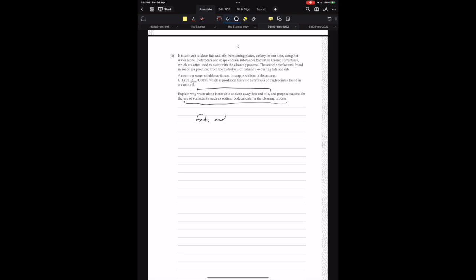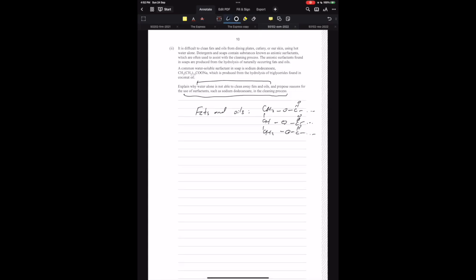Fats and oils are typically triglyceride molecules, or they have triglyceride molecules. O, and then CO, and then so on, depending on whatever fatty acid is attached. And they consider why water alone is not able to clean away these molecules.